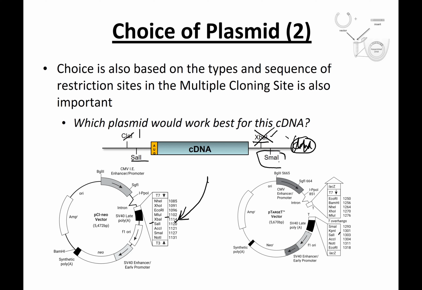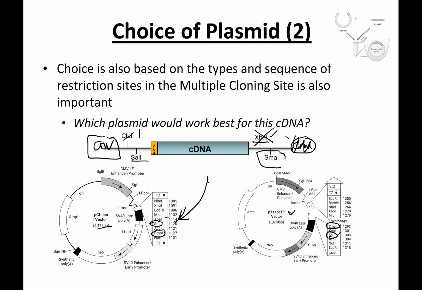Now, let's see SMA1. Can you use it? Well, SMA1 is actually present here, together with SAL1, which I've already decided to use. And SAL1 is present on this plasmid as well. But you can see how, if you clone the cDNA in the pCI-neo vector, you end up having the CMV promoter in the correct orientation compared to the cDNA.